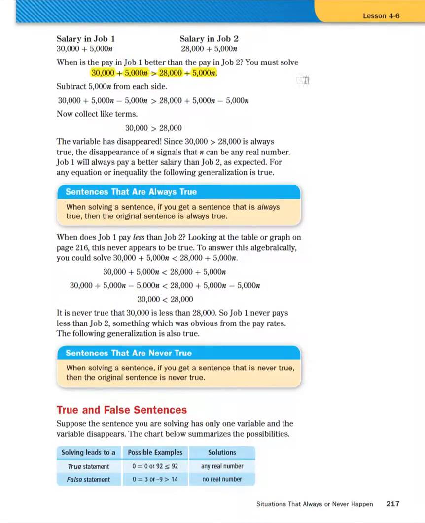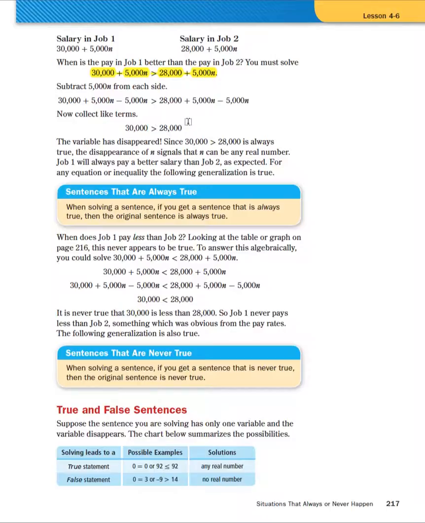Then, with that information, we can solve this for n. We subtract 5,000n from each side and collect like terms. 5,000n minus 5,000n is 0, and I'm left with no variable. And $30,000 is greater than $28,000.